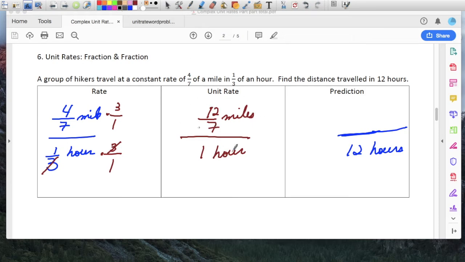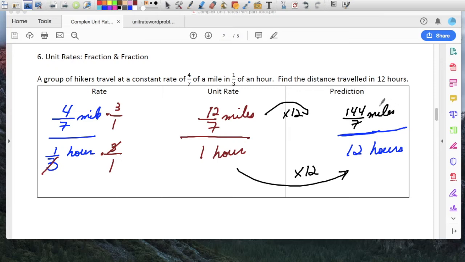Now, we're going to use this to figure out how much they can travel in 12 hours. Well, if in 1 hour they can do this much, 12 over 7 miles, in 12 hours we're going to multiply that by 12. So 12/7 times 12 is just going to be 144 over 7. 144 over 7 miles.